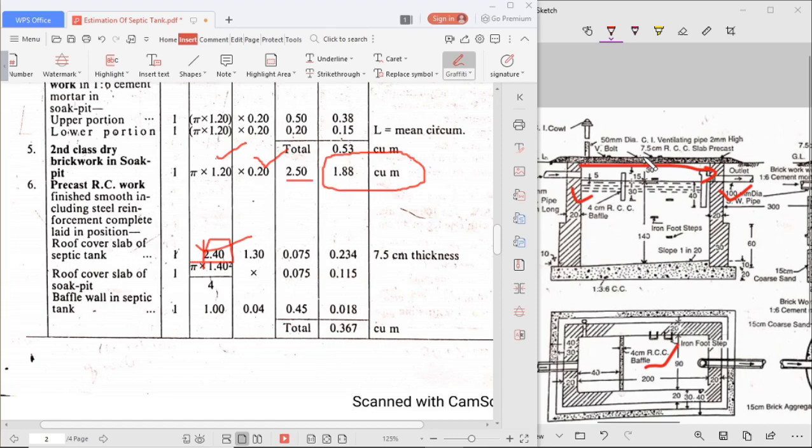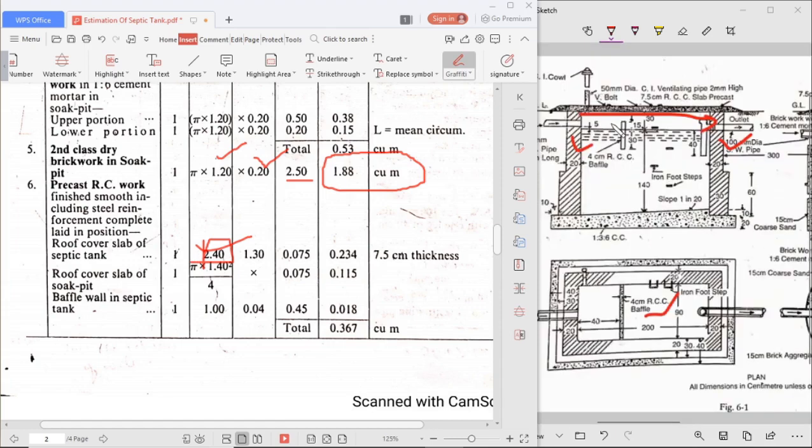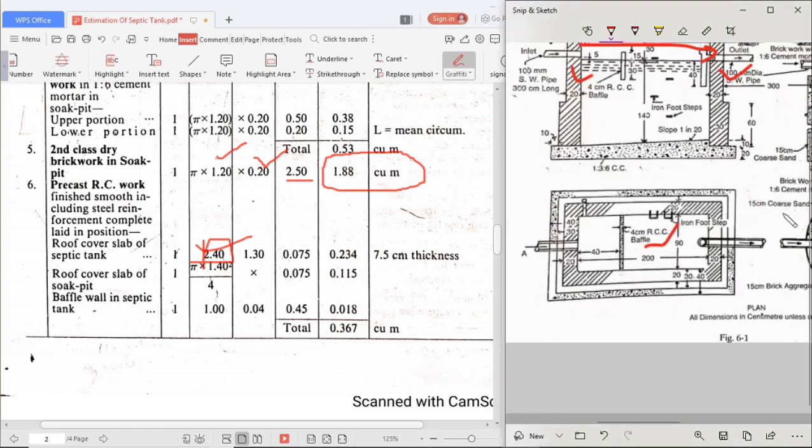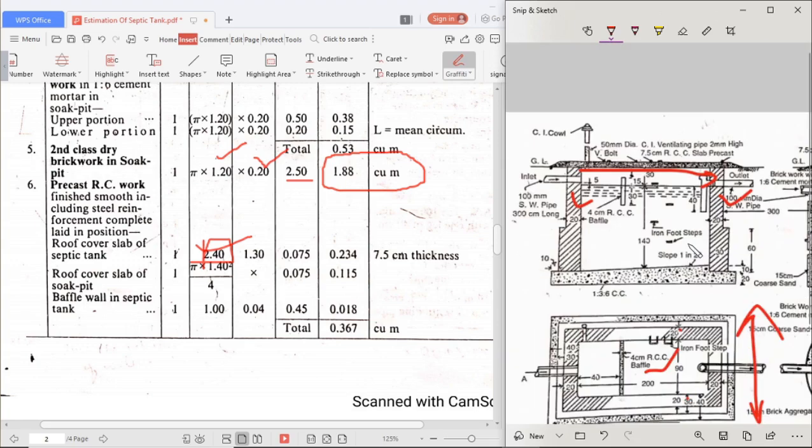Now into 130 centimeter, that is the one side length. Now breadth, how much will it be? Breadth of the precast is 90 plus 20 plus 20. See here, 90 on this side, plus the wall will be there, 20 centimeter wall. Please imagine.